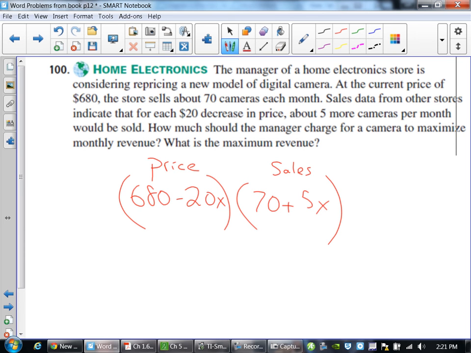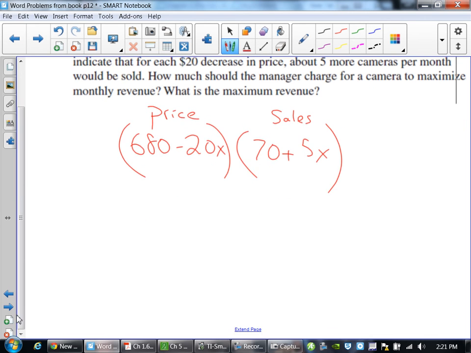Absolutely. In this case, it's quicker to do this. If I set this equal to 0 and solve for x, I would add 20x and divide by 20. So what's 68 divided by 2? 34. So I have a 0 at 34.